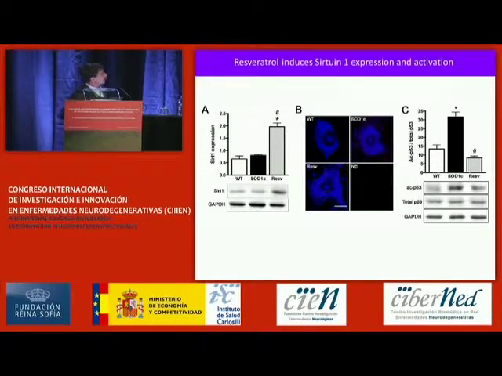And also that this high expression of sirtuin was effective in controlling the pathway was proved by the decrease in the acetylation of p53, that is one of the targets of sirtuin, with resveratrol treatment. So this was really the proof of concept that the resveratrol was doing what was expected on the pathway.